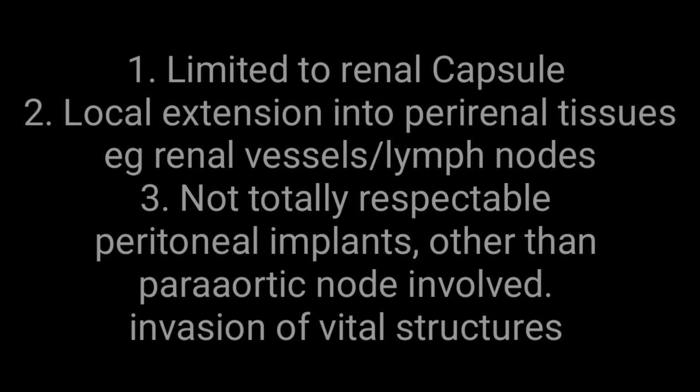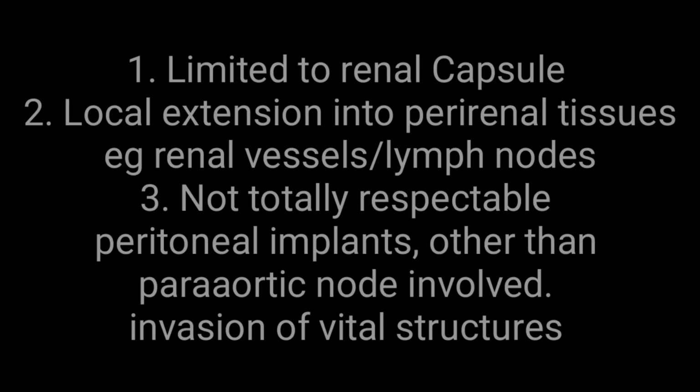Wilms tumor staging by the National Wilms Tumor Study Group divides these into 5 stages. So far as stage 1 is concerned, the tumor would be limited to the kidney, or it would be confined by the renal capsule, or the renal capsule would be intact, which we have seen in the start images.